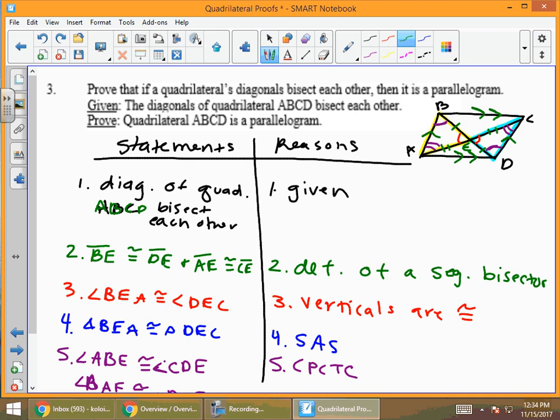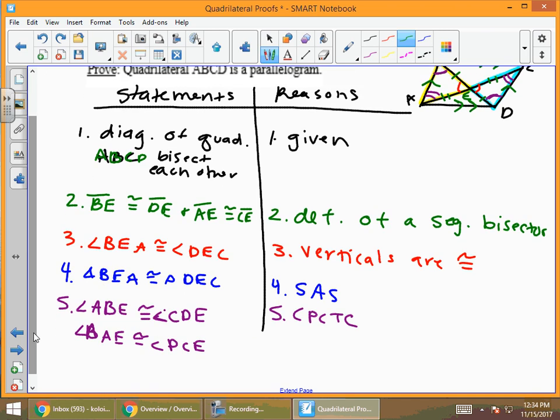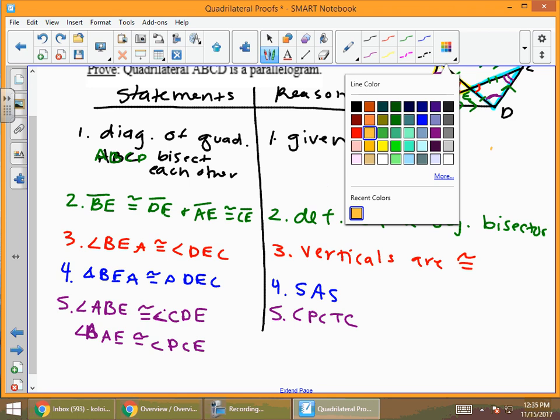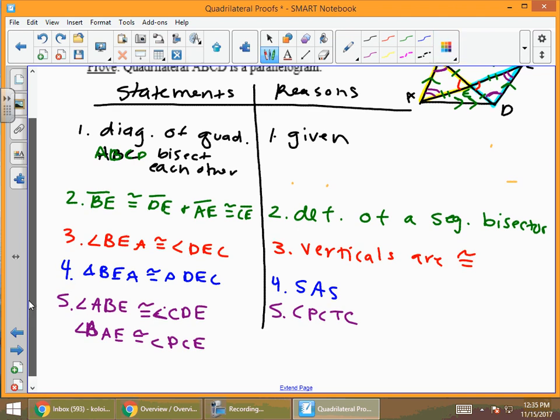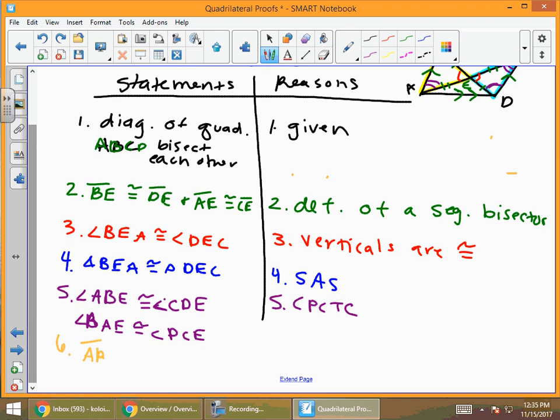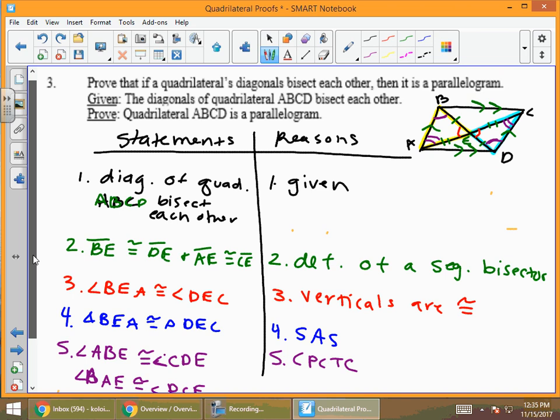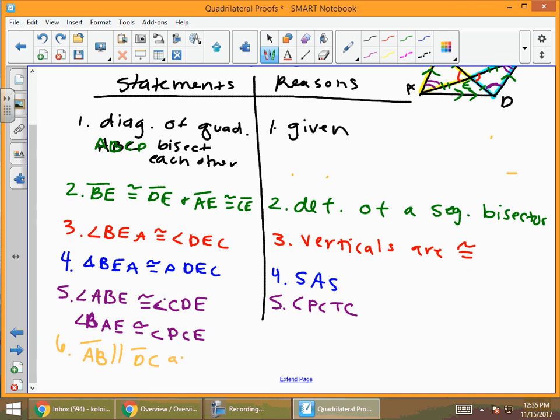So we're going to state that AB is parallel to CD and BC is parallel to AD by the converse of the alternate interior angles theorem. You just say converse of alternate interior angles theorem.